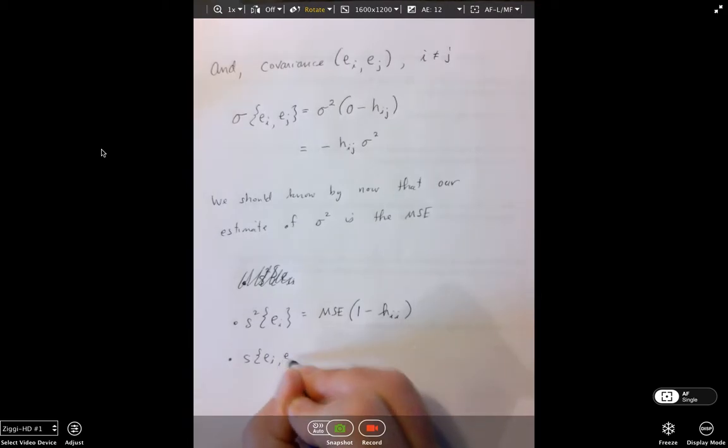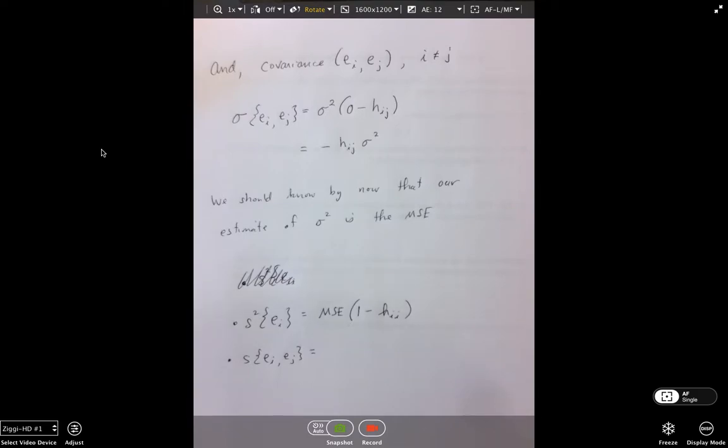of any two errors, which at the end of the day, covariance is something that we talked about a little. We haven't spent a lot of time on it. Well, covariance is just a more general way of looking at how two variables vary. Variance is a specific type of covariance.